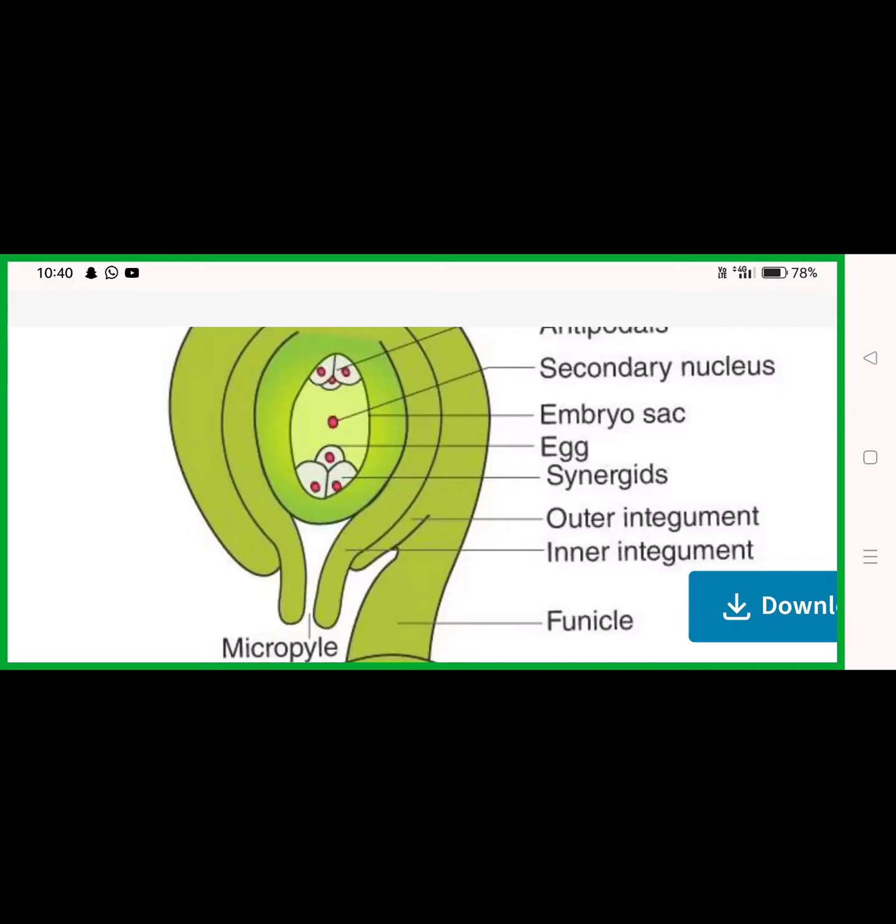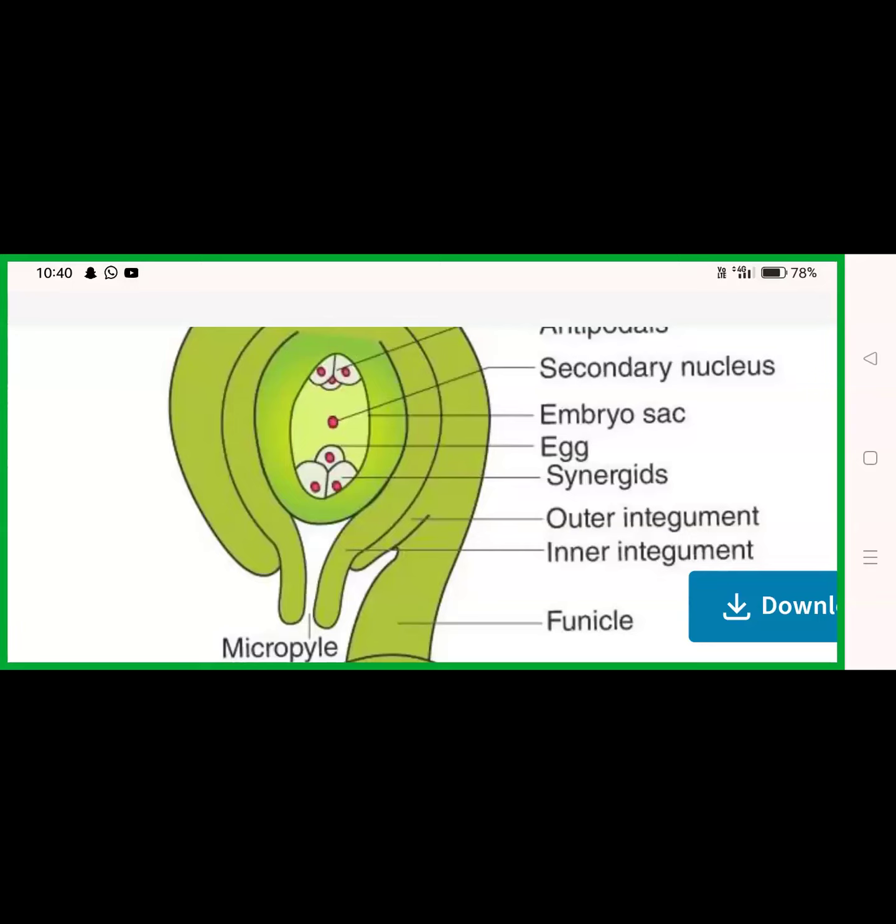Each projection has a core of tightly packed cellulose microfibrils enclosed by a non-fibrillar sheath. That is the filiform apparatus.